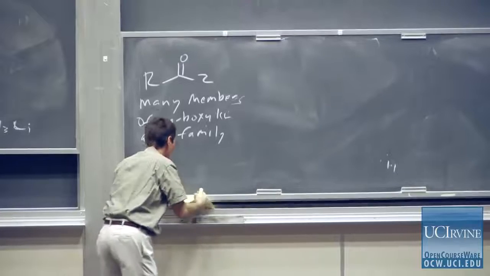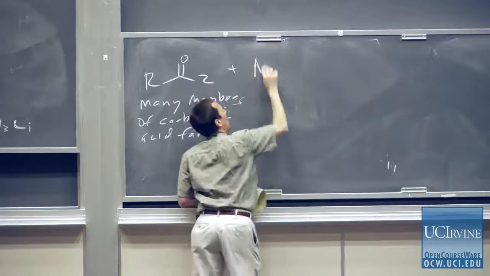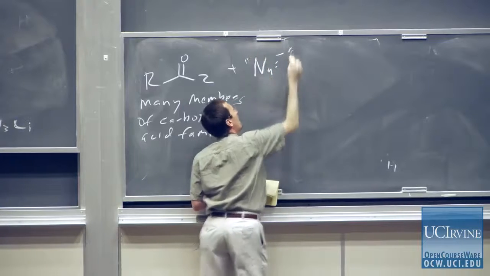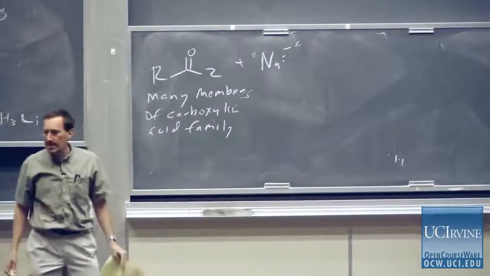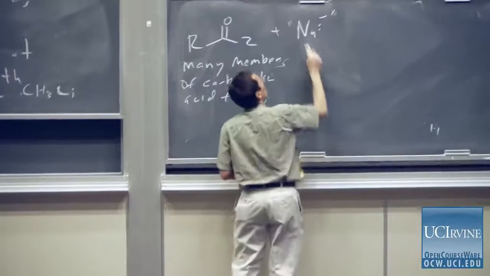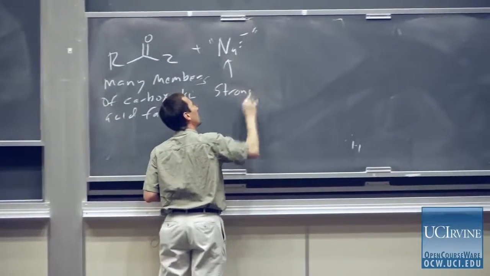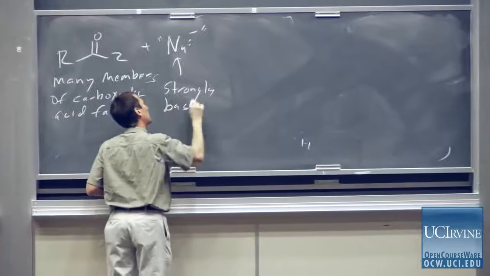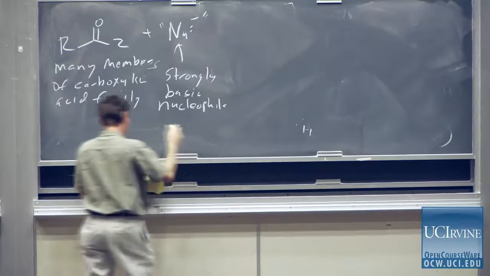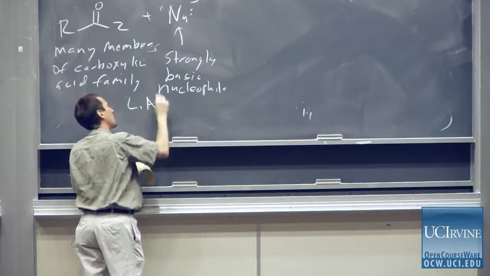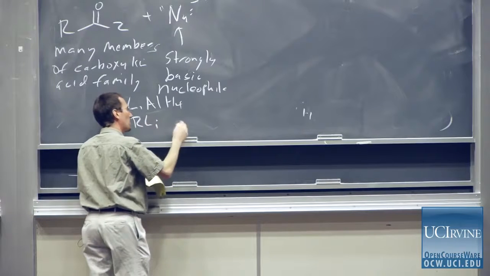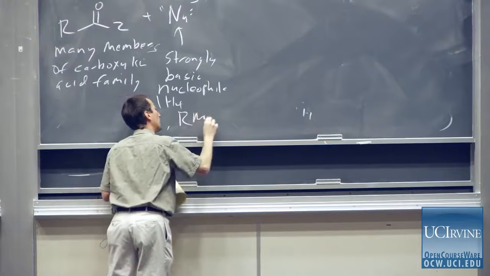And I'm going to write, again, this sort of abstraction of Nu minus. So some type of strongly basic nucleophile that encompasses all of the reagents that we've been talking about. So I'll say strongly basic nucleophile that includes, for example, lithium aluminum hydride, RLi, organolithium reagents, RMgX.